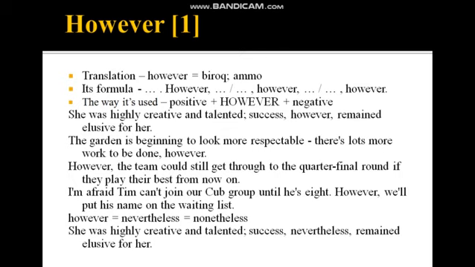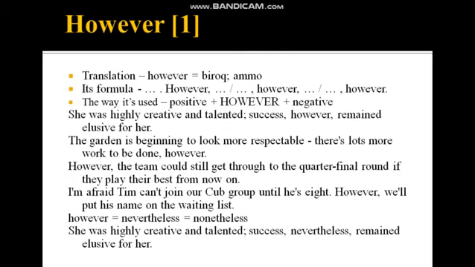However, we'll put his name on the waiting list. So guys, I want you to use not only however, but also its synonyms: nevertheless, nonetheless. They are super synonyms to each other, there is nothing different, nothing problematic for you guys.